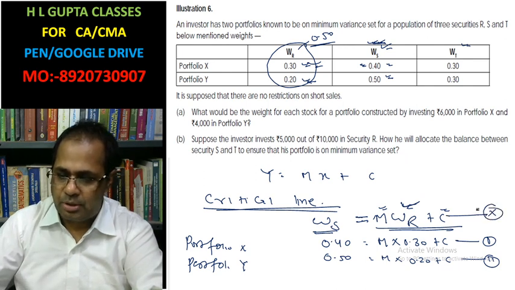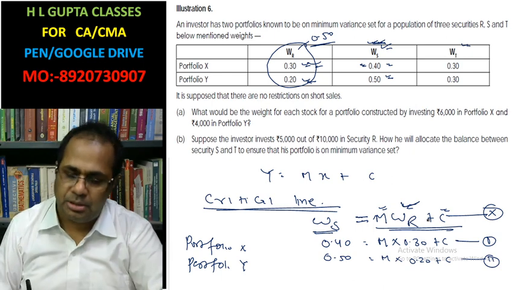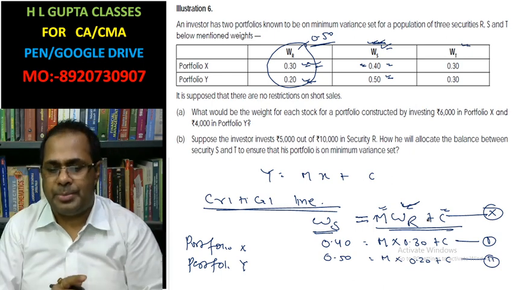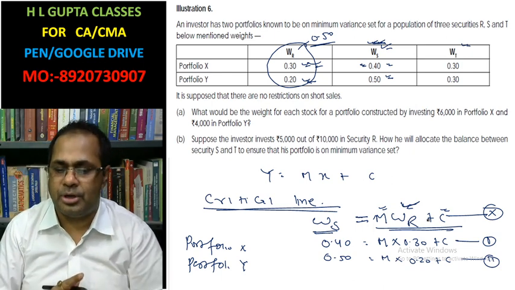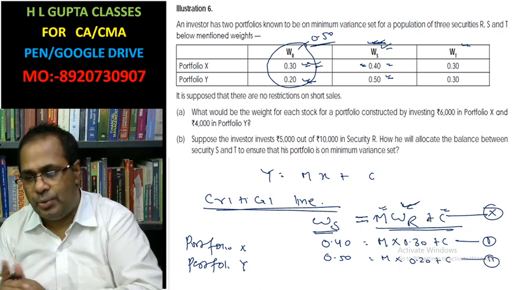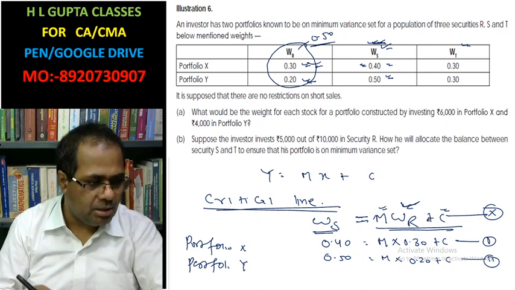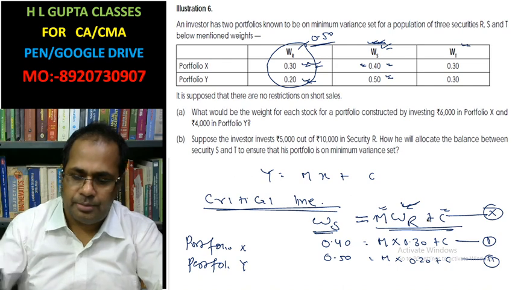After finding the equation, you can find the weight of S, and after that the weight of R. This is the critical line.